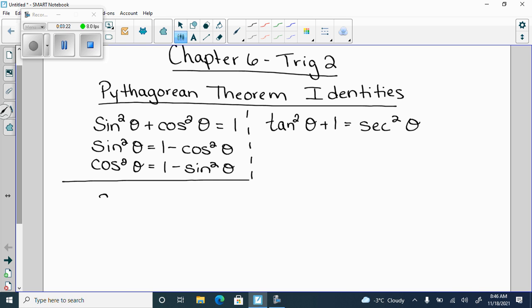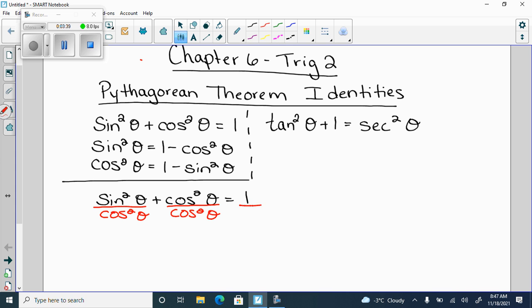But if I take the sine squared theta plus cos squared theta formula and I divide it by cos squared theta, every single term, this becomes what? This becomes what?